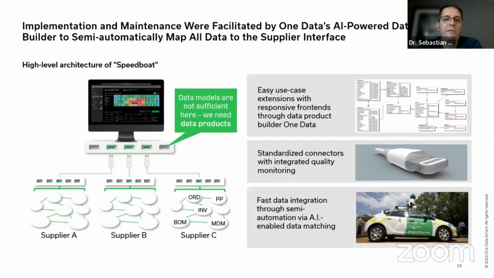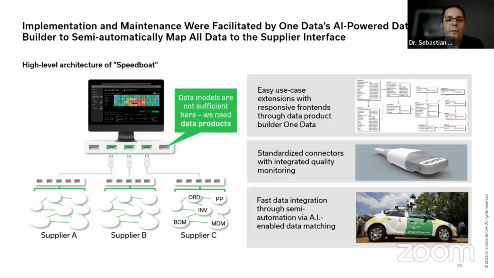If you just specify a data model and say, this is the way we want the data to run into this tool, you get the specified formats, but you don't get all of the other things that you need. In particular, you don't get the quality control, the continuous quality monitoring, or the anomaly detection.